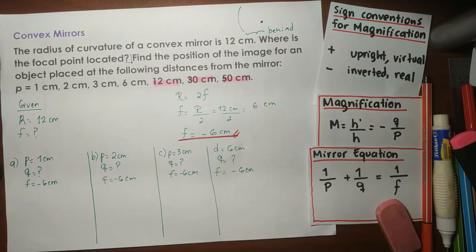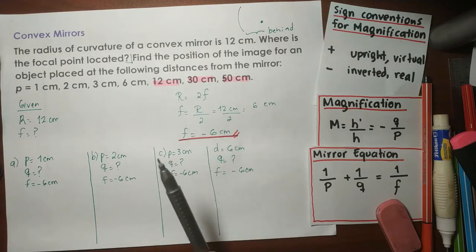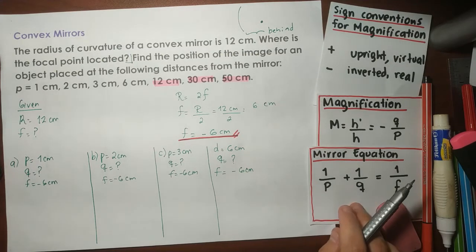Now take a look. I'm going to do only the first 4 and you will finish the 12, 30 and 50 centimeters as homework. Now, to calculate the image position, I will use, of course, my mirror equation.